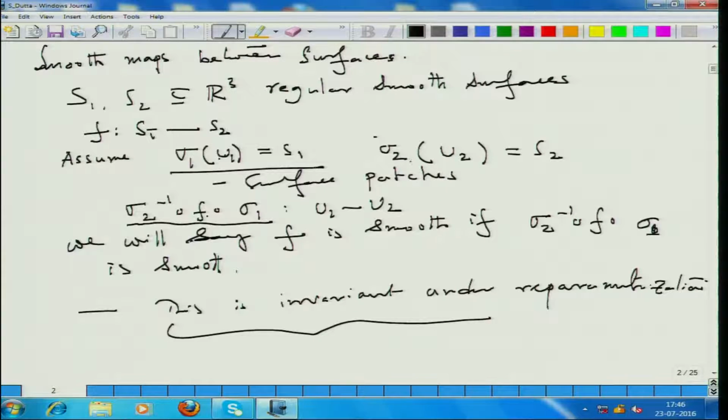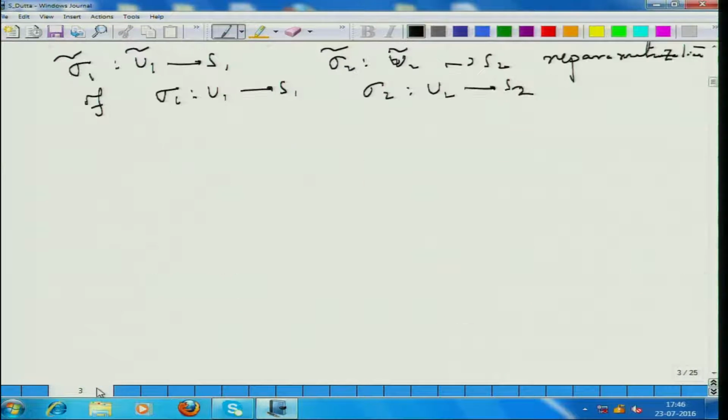Sigma 1 U1 is S1, sigma 2 U2 is S2. So, suppose I have two reparameterizations, sigma 1 tilde of sigma 1 and sigma 2 tilde of sigma 2.